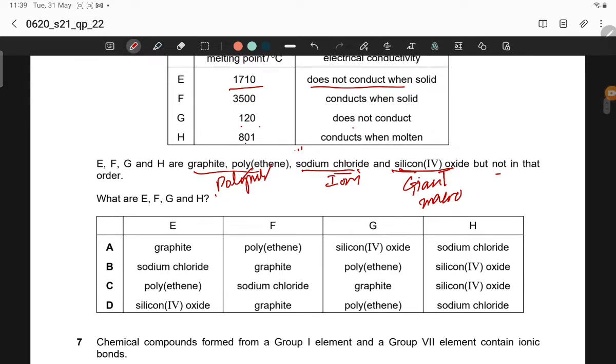Conducts when molten: this could be sodium chloride.